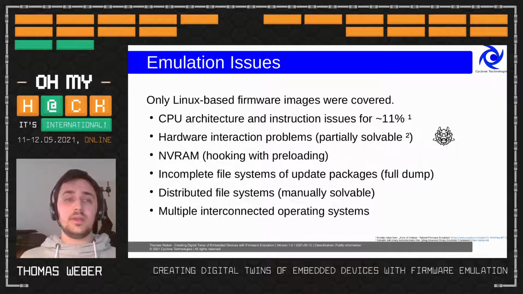The next thing is NVRAM, so the non-volatile RAM. Also sometimes a problem because NVRAM functionalities get accessed sometimes from the web server, from other programs which want to load configuration strings, for example, or which want to store configuration strings.